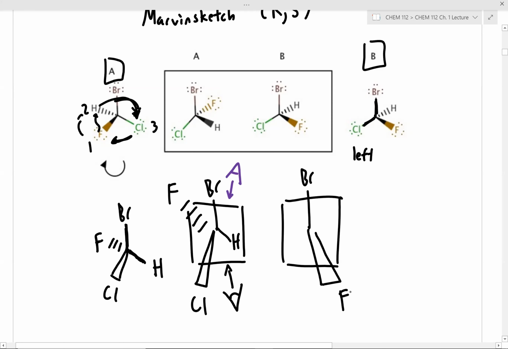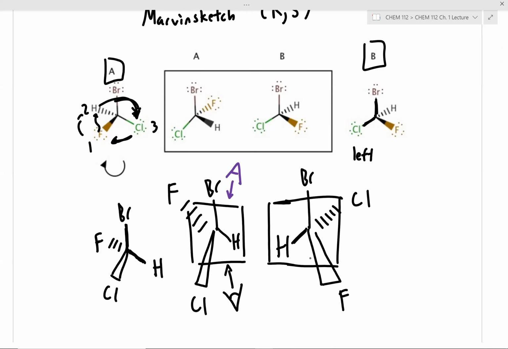Our chlorine is pointing into the page to the right, and our hydrogen is in the plane of the page, pointing on the left-hand side.